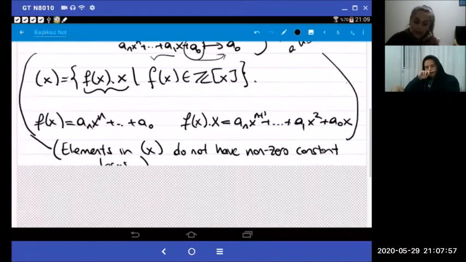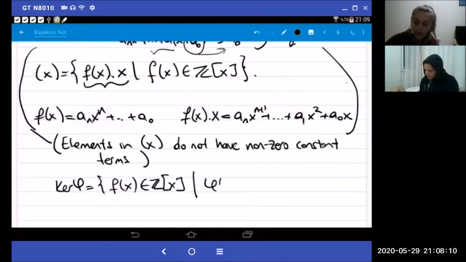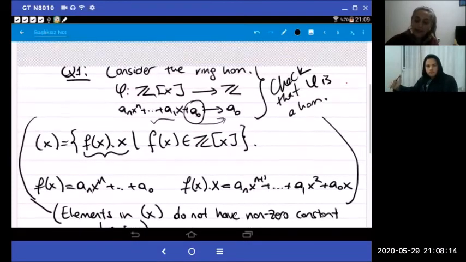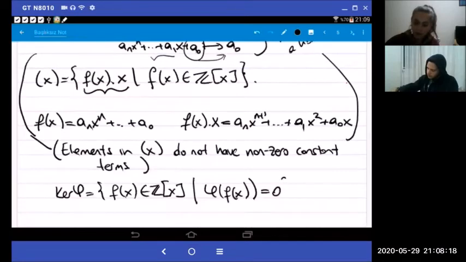Now let us look at the kernel of this function. The kernel of phi contains all f(x) in Z[x] such that phi of f(x) is the additive identity of Z, which is 0, the usual 0 that we know.